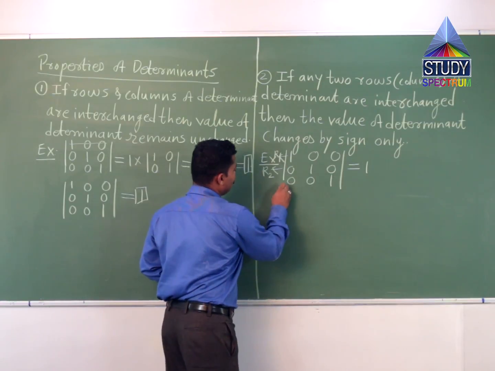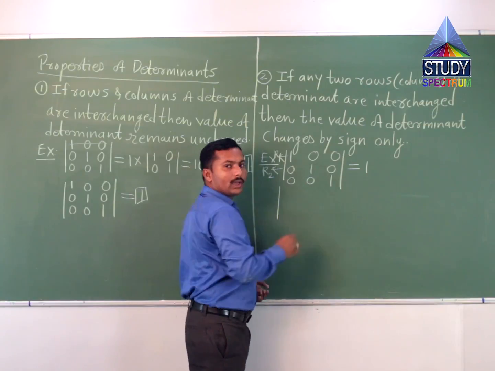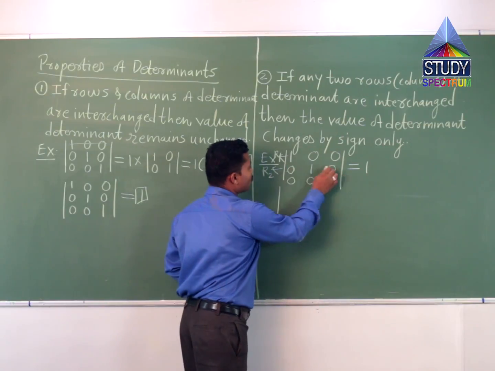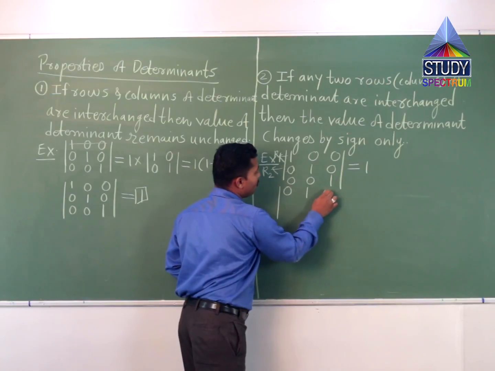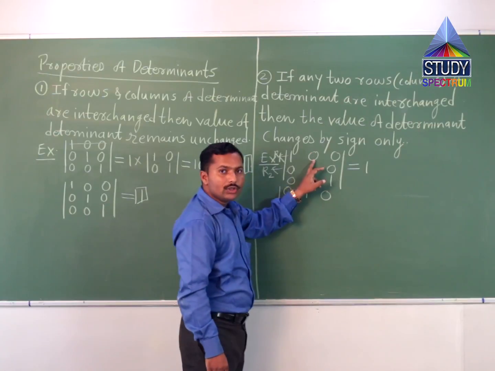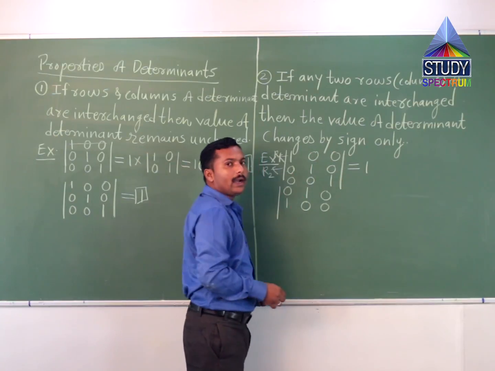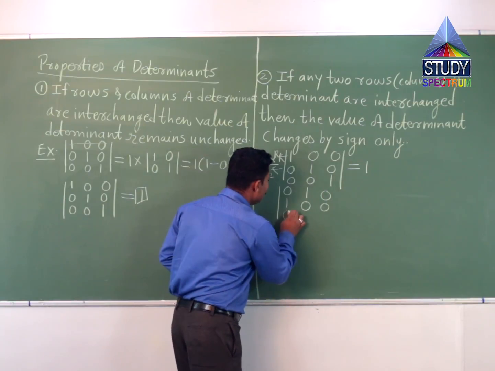So the second row becomes the first row. So the first row is 0 1 0, the second row is 1 0 0, and the last row is 0 0 1.